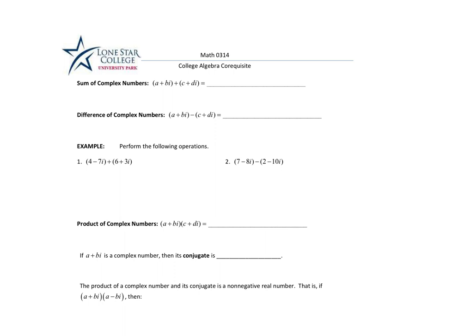So we call the sum of a complex number. When you do this, you add the real to the real. So you're going to add A plus C together, plus, and you're going to add the imaginary BI to DI together, B plus D. And since they both have an I, you can put the I on the outside like that. Difference works the same way, except you're going to do A, and you can distribute this like that.